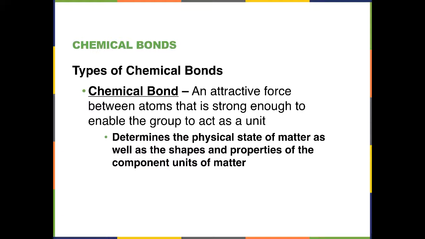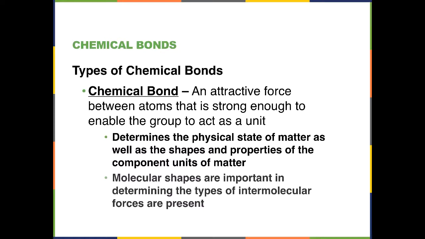This can many times determine the physical state of the matter as well as the shape of the atoms or molecules and properties of the molecules that are formed when these chemical bonds occur. The molecular shapes are very important because these molecular shapes determine other forces between molecules, these being called intermolecular forces.